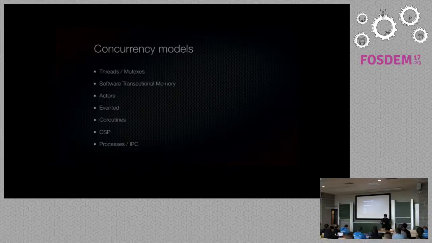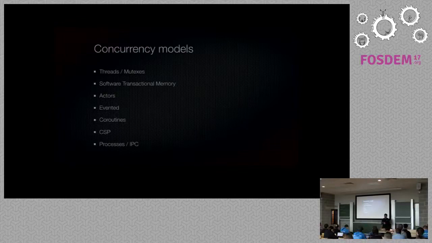Then next is software transactional memory. This is not very common, but languages like Clojure have adopted it. Then actors. Erlang has been doing actors for a long time, and a language like Elixir, which is written on top of Erlang, uses the actor model.